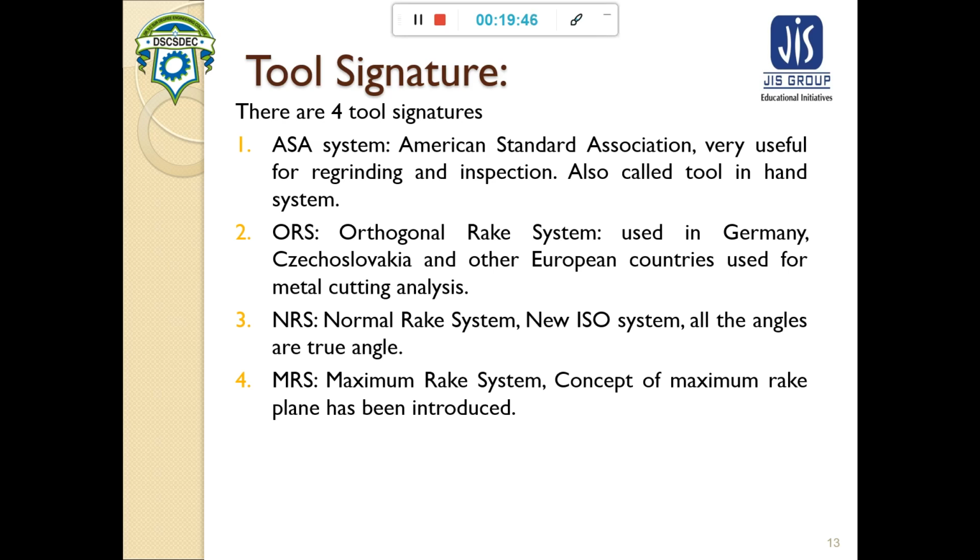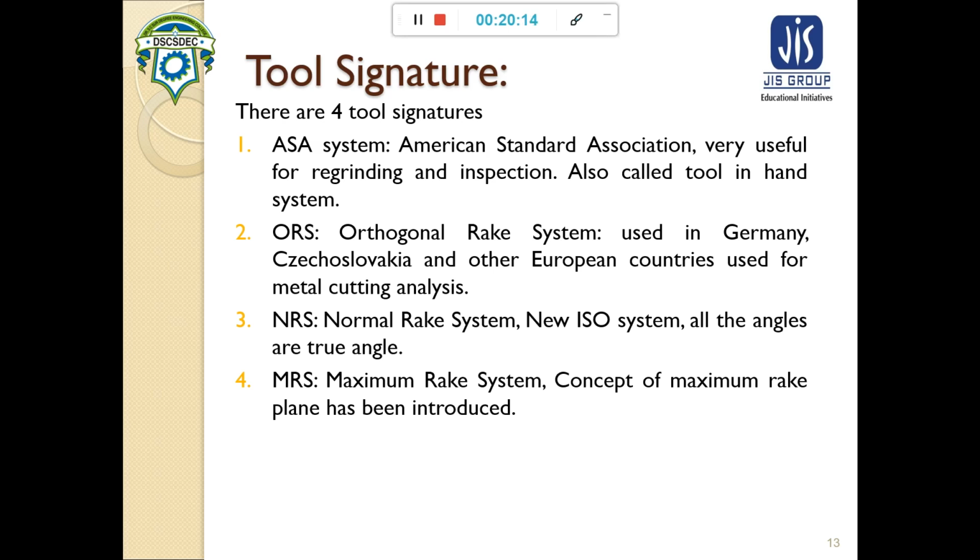ASA means American Standard Association system. This system is very useful for regrinding and inspection, and it is also called the tool in hand system. ORS means orthogonal rake system, and it is mainly used in Germany, Czechoslovakia, and other European countries.